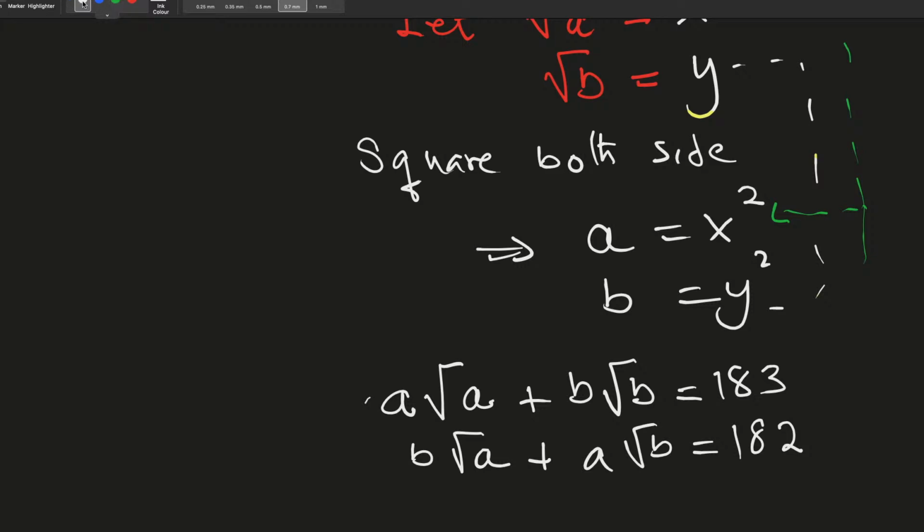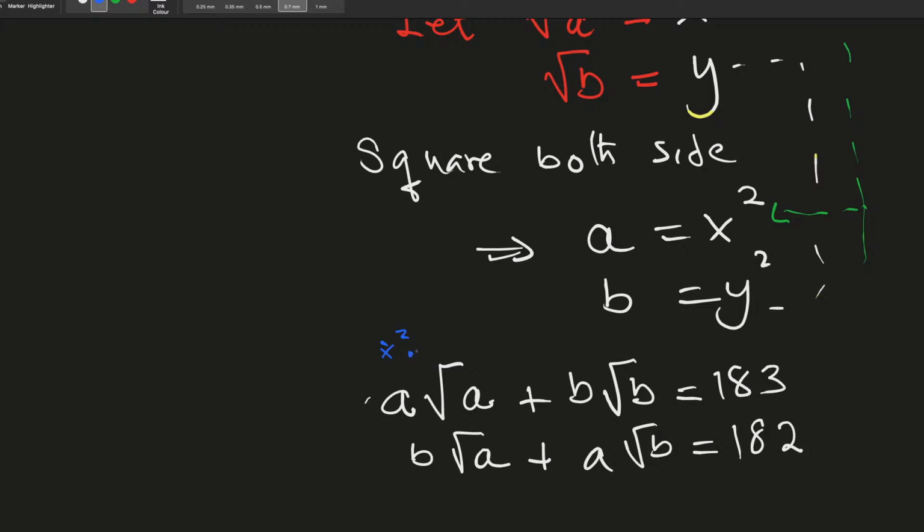Now, if you look at it, take here, we can see that the a over here is x squared. So if I put x squared here, and you know that this is multiplying by the set of a.